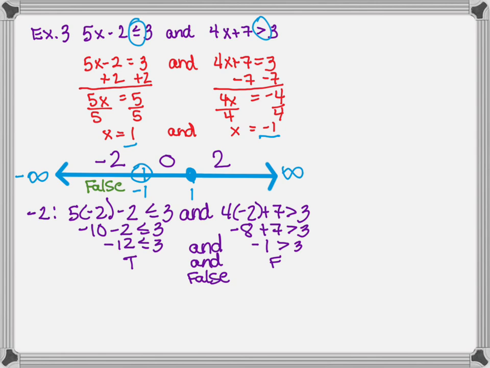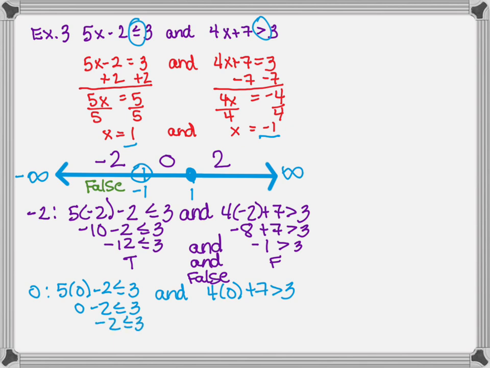Let's test the 0. Okay, 5 times 0 minus 2 less than or equal to 3, and 4 times 0 plus 7 greater than 3. Becomes 0 minus 2 is less than or equal to 3, or negative 2 is less than or equal to 3. The second one becomes 0 plus 7 is greater than 3, or 7 is greater than 3.